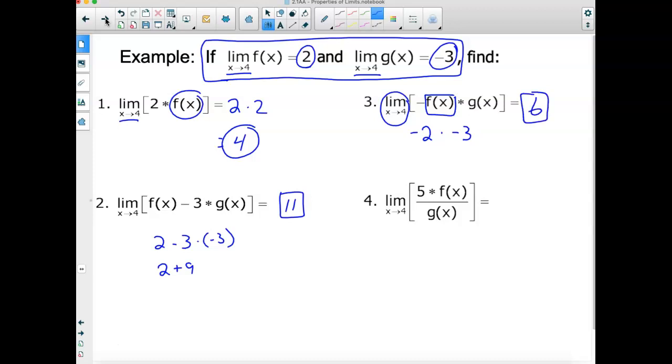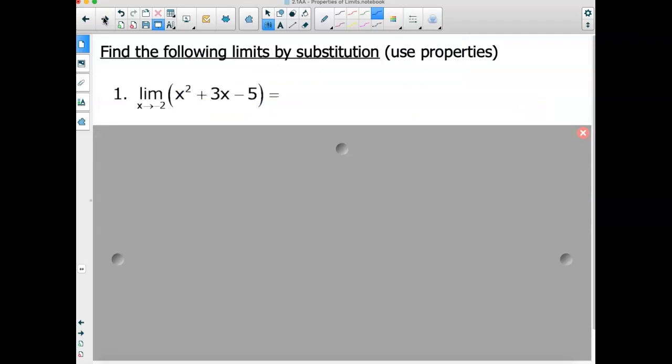And over here, this is going to be 5 times the limit as I go to 4 of f of x, which is 2, over the limit as x approaches 4 of g of x on the bottom, which is negative 3. It's going to be 10 over negative 3. And I can take that negative to the 10 or just hitch it outside, and it works just fine. Hopefully you're following the sequence along here.